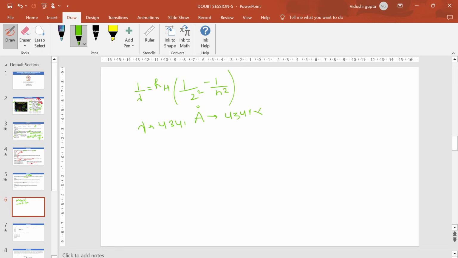For that we multiply by 10 minus 8 centimeter. Or we can simply write 4.341 into 10 minus 5 centimeter.